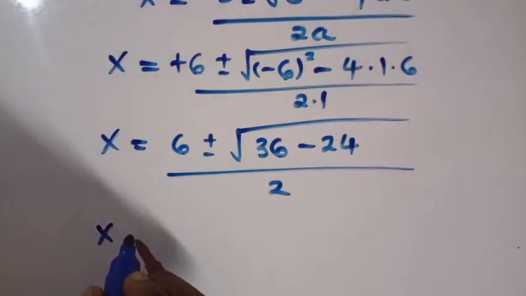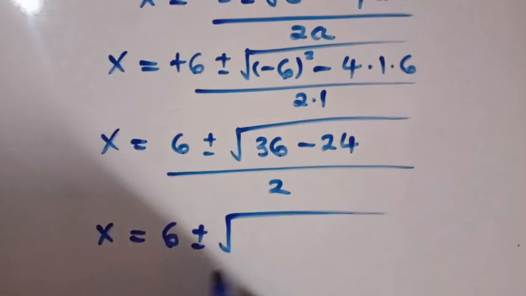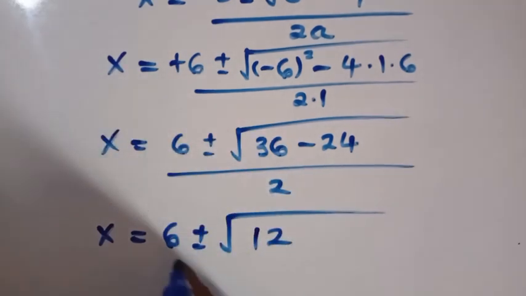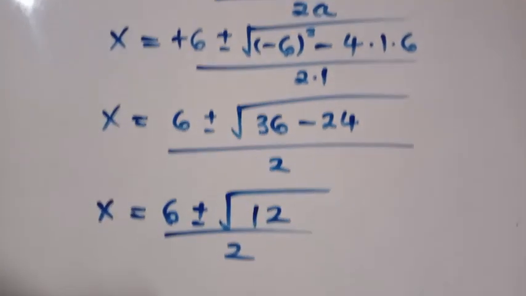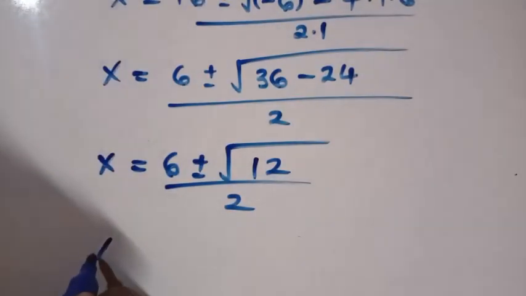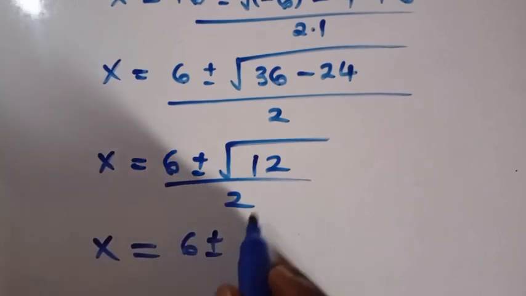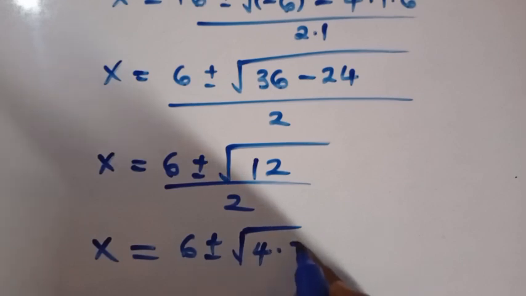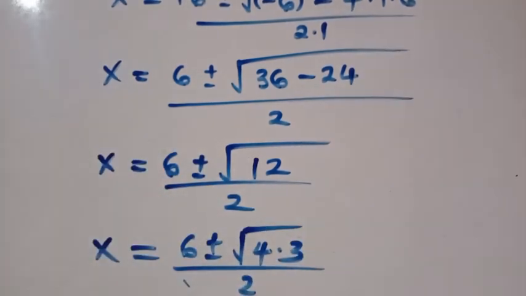And then we have x equals 6 plus or minus square root of, so 36 minus 24, that gives us 12, divided by 2. And then we have x equals 6 plus or minus, you can write this as square root of 4 times 3 divided by 2.